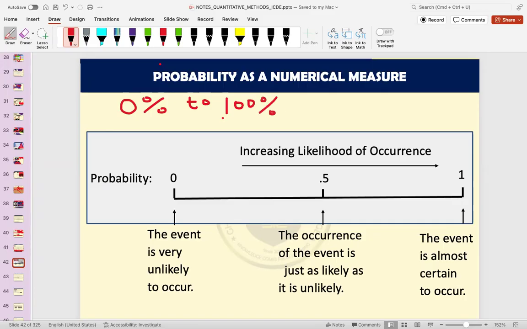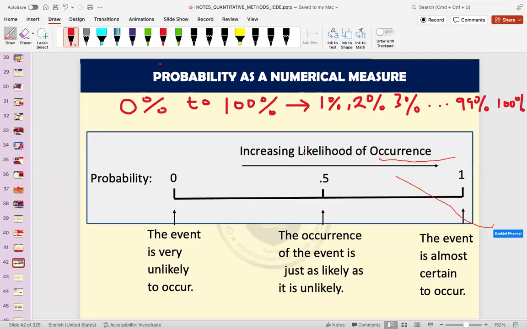So that is the range, that is the stretch. So it means that you can have a probability of 1%, probability of 2%, probability of 3%. So it continues till you get to probability of 99% and then 100%. Okay. So that's the stretch.